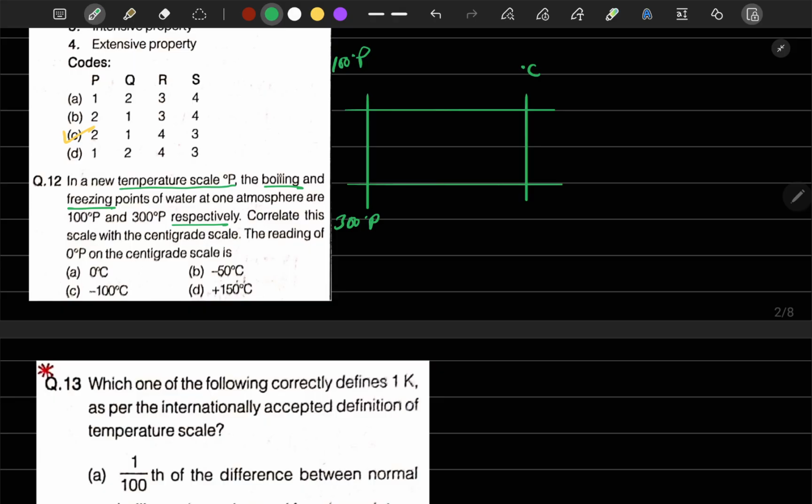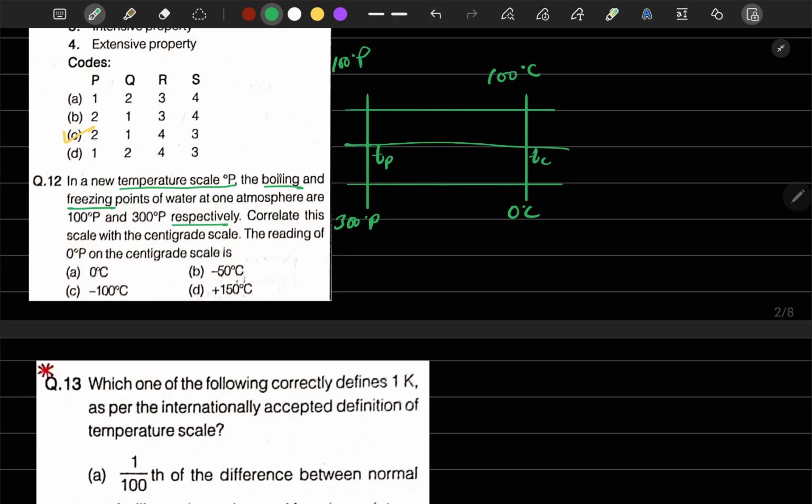Similarly, for water on the Celsius scale, the boiling point is 100 degrees Celsius and 0 degrees Celsius is the ice point. So correlate the scale with the centigrade scale: the reading of 0 degree P in centigrade. If the temperature is 0 degree P, what will be the value in degree Celsius? Let's consider a line, here P, here C, and write TP and TC.